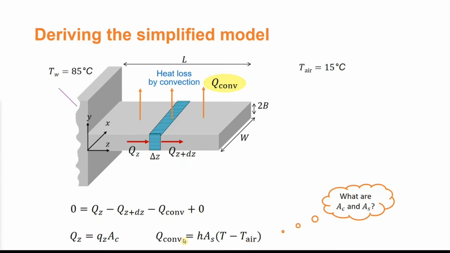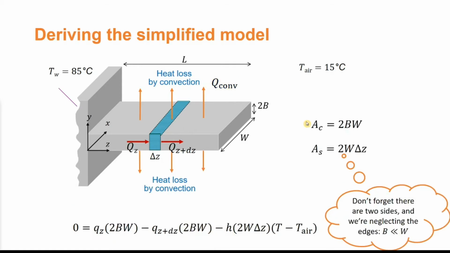What are AC and AS in this case? AC is easy. It is the cross-section of the fin, which is 2B times W. AS is the blue shaded area shown on the top of the fin. It is W times delta Z. But remember, there is an equal area on the bottom from which the heat is transferred.